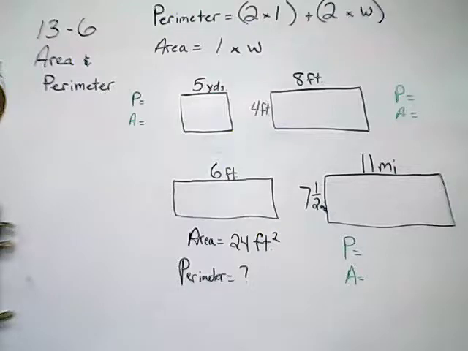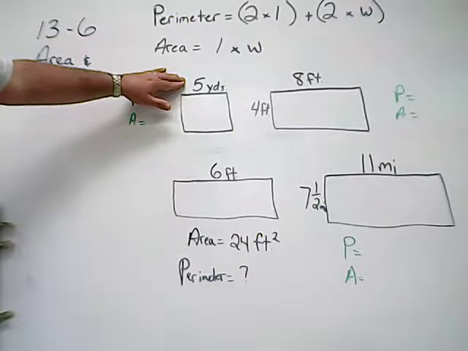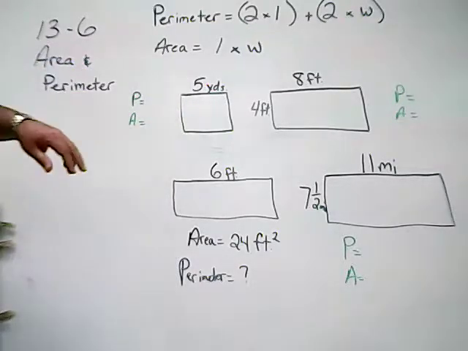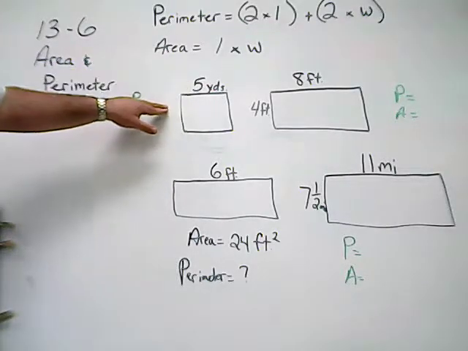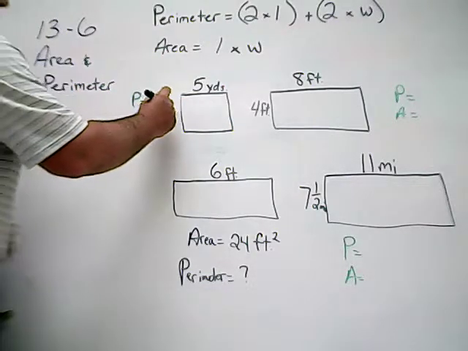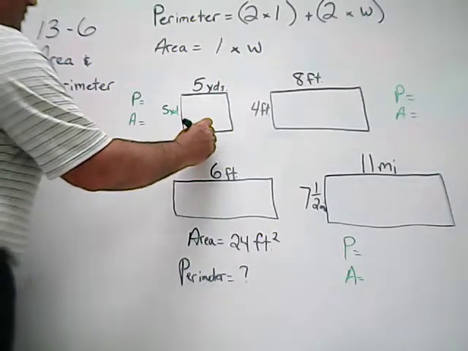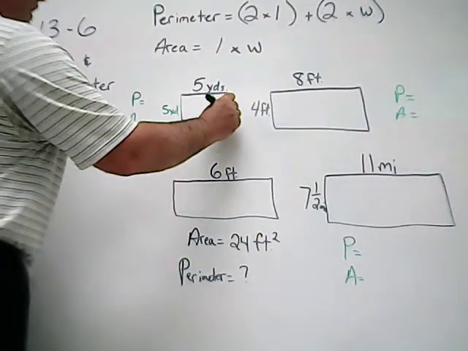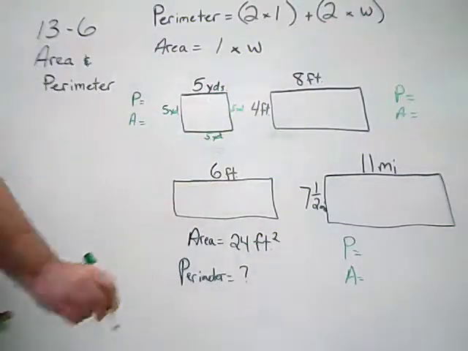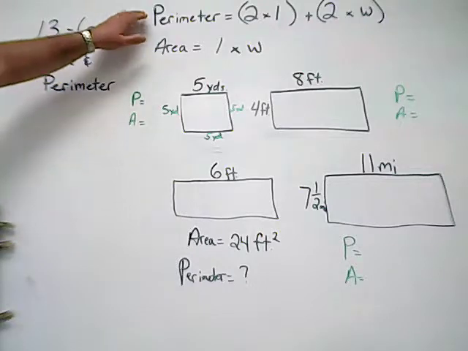Here I have 4 drawings. Okay, the first one I have here is a square, and it's 5 yards. By definition, I know a square has 4 equal sides. So I know that this side has to be 5 yards, this side has to be 5 yards, this side has to be 5 yards. So very easily, what I'm going to do, I'm going to find the perimeter first.